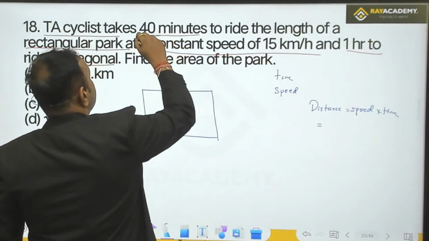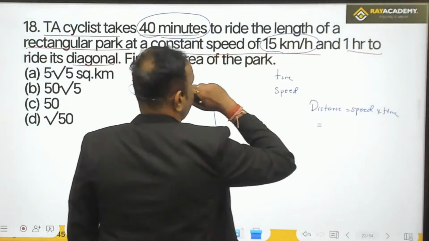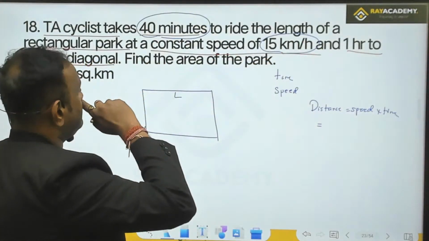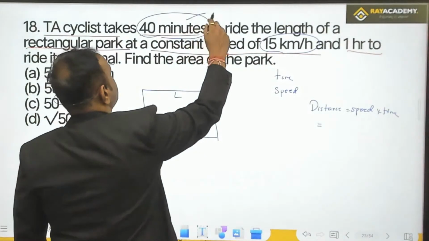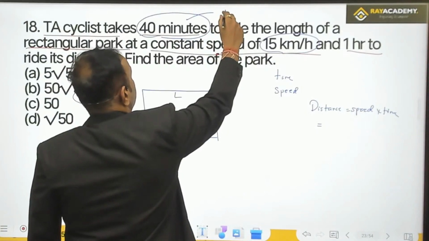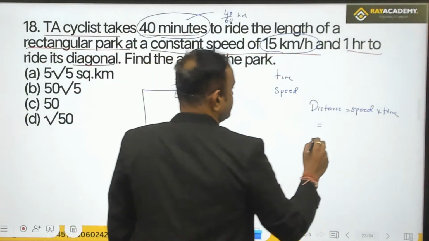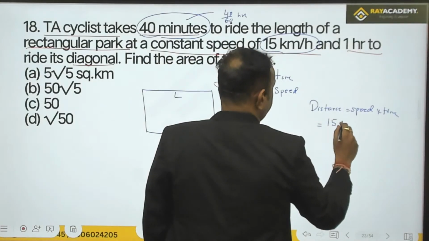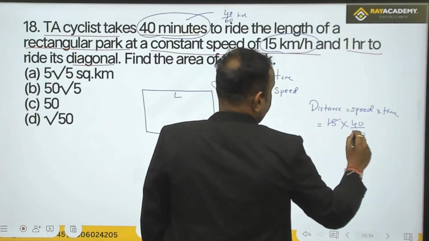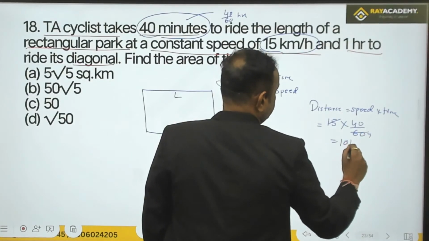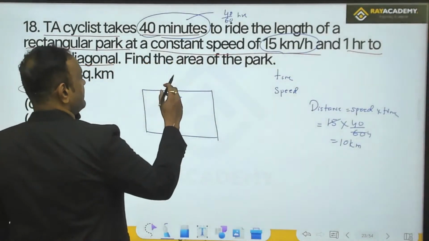Then units are important. Minutes is given, and it is kilometer per hour. So what can we do? Convert 40 minutes to hours, which will be 40 by 60 hours. So distance will be speed, 15 km per hour, into 40 by 60. So 15 into 4 by 6, it is 10 km. You got the distance as 10 km. So the length is 10 km.